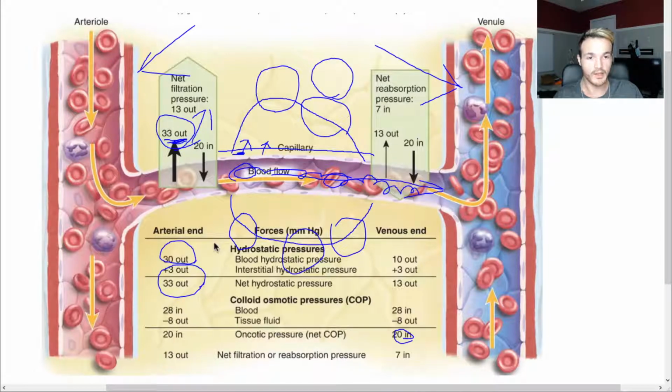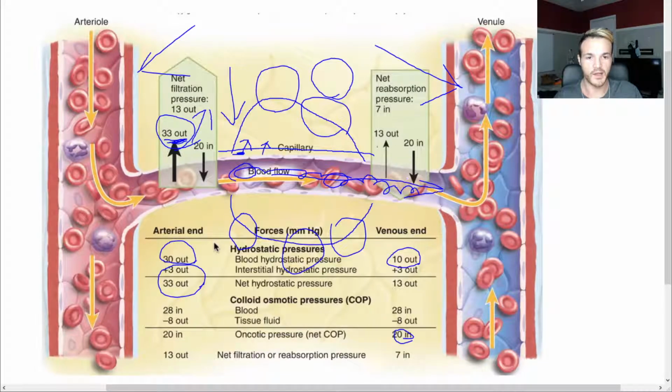Now we still have that 13 out going across, but since the pressure has changed, the hydrostatic pressure is only 10 by the time it reaches the venule end, because hydrostatic pressure drops when it travels along a tube.